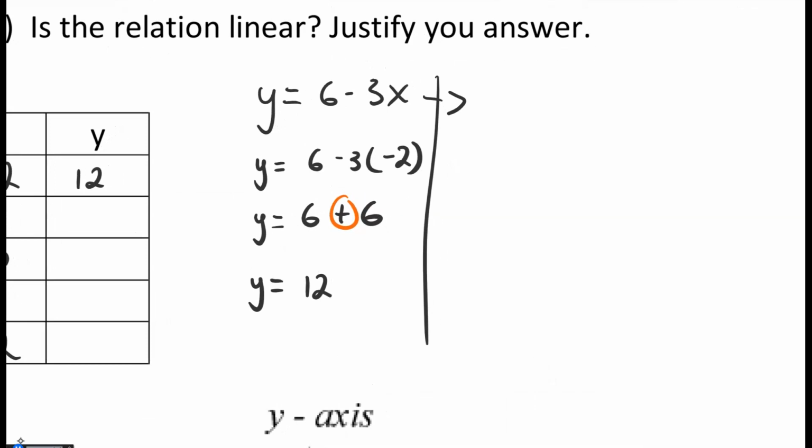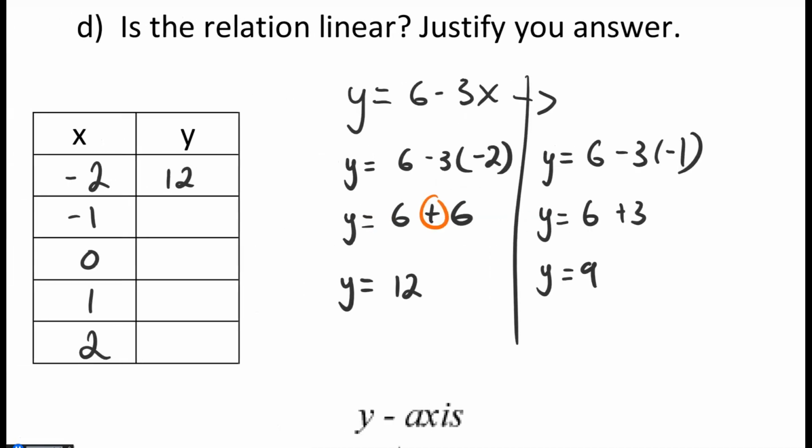Same equation, but we're going to change our x value. Our x value is going to be -1. Y equals 6. Now we have a negative times a negative again. Positive 3. Y equals 6 plus 3 equals 9.